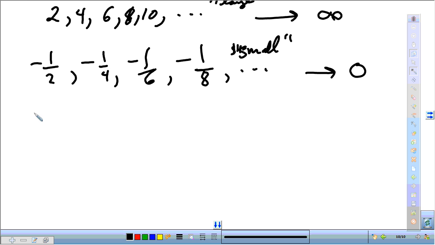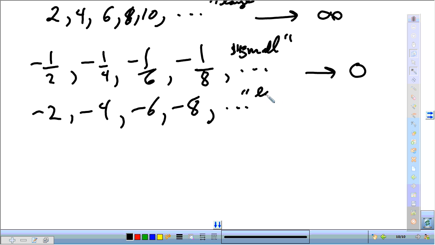But now reciprocals are minus 2, minus 4, minus 6, minus 8, and so forth, which are large but with negative values. So large negatives, then I get minus infinity.